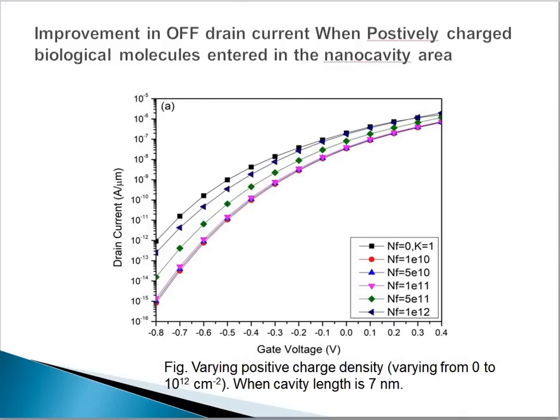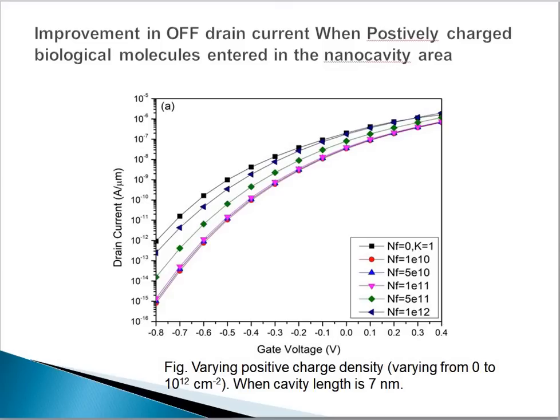In the next figure, a positively charged biomolecule is introduced in the cavity. When the positively charged biomolecule is immobilized in the cavity, it will change the off current of the device. You can observe from the figure that there is an improvement in the off drain current when positively charged biomolecules are introduced in the cavity region.